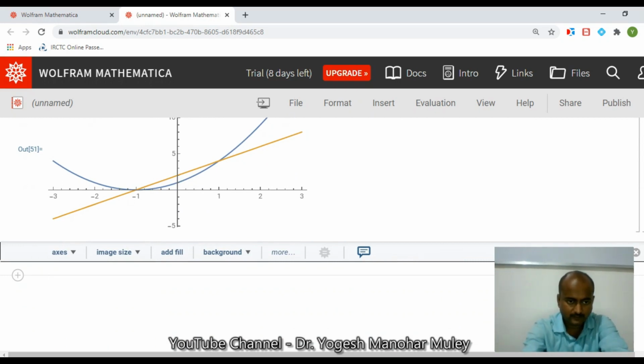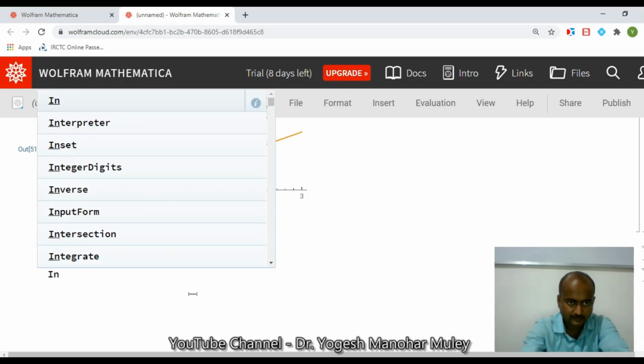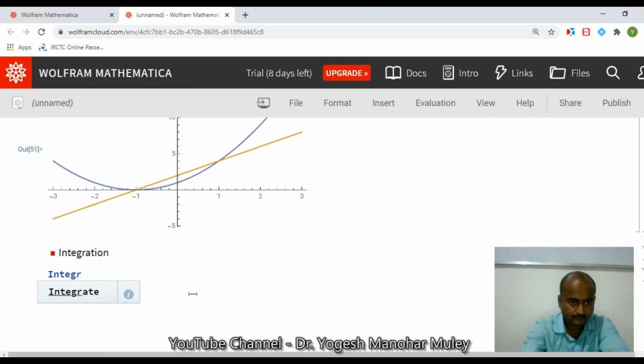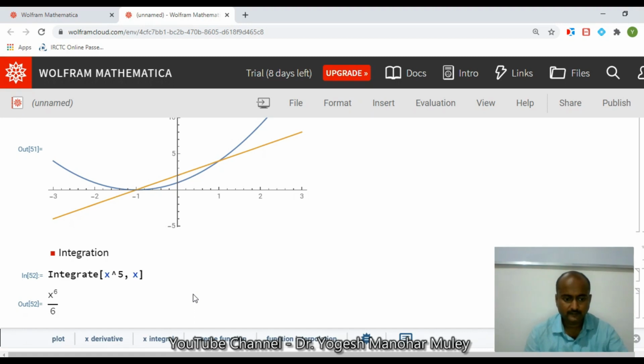After this we are going to find integration. For integration we will use Integrate, x raised to 5 with respect to x. This will give the integration of x raised to 5 with respect to x.